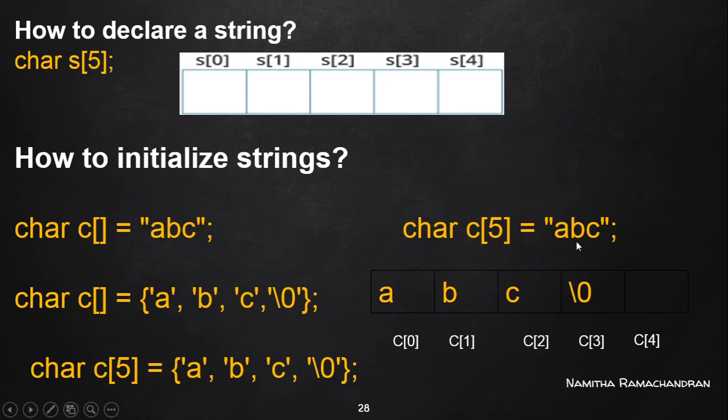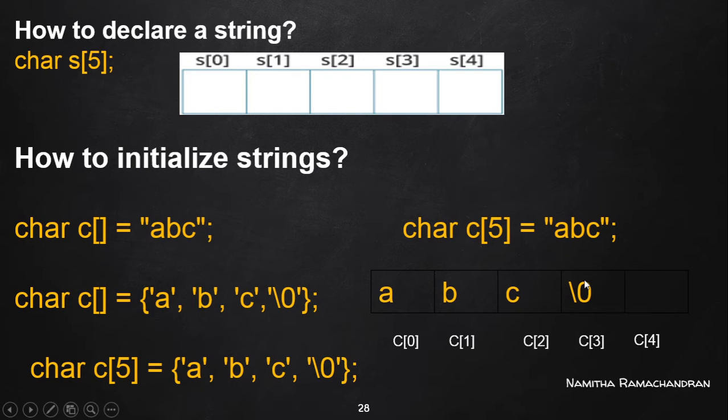Okay, so here also ABC is stored and a null is present at the end of the string, and the remaining allotted bytes are kept free. That means by default all of these contain null values. Okay, and the string character reading continues from this location and ends whenever a null is present for the first time.